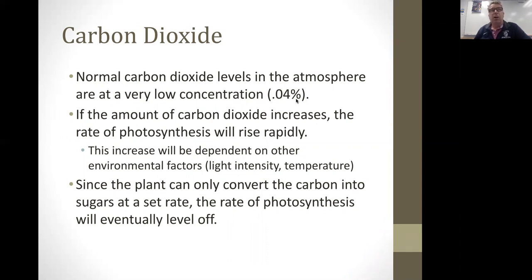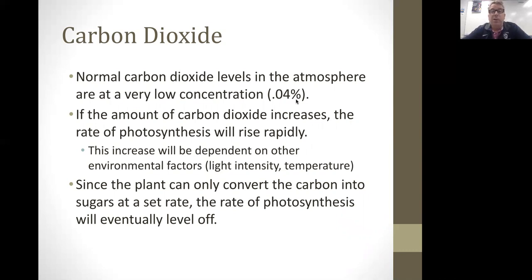About 100 years ago, we were at about 300 parts per million. Now we're at about 420 parts per million. Even though it's only 100 parts per million, you can imagine how much of an effect it is having on climate change. It is a greenhouse gas, and a very effective one.